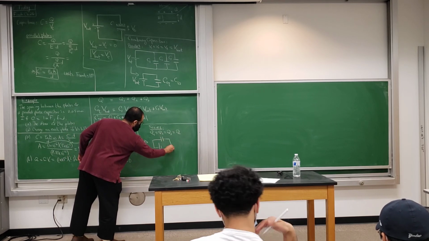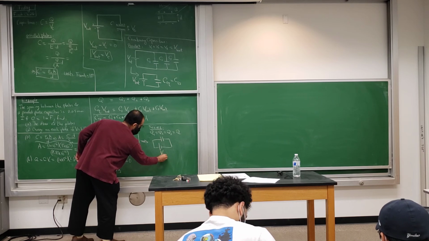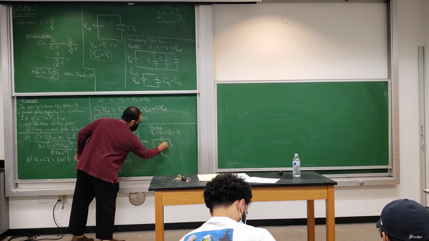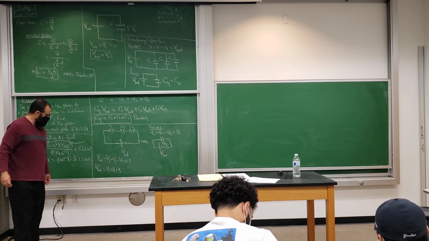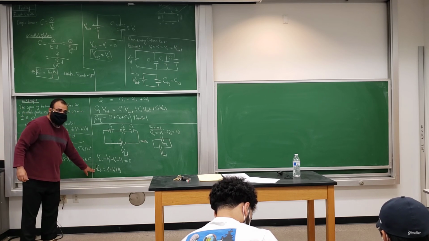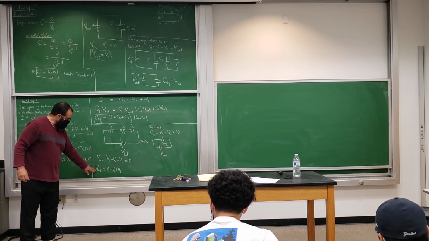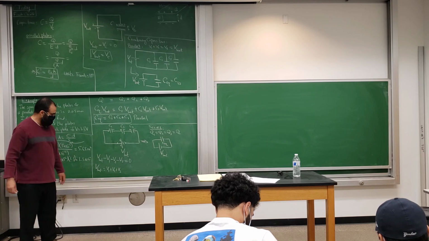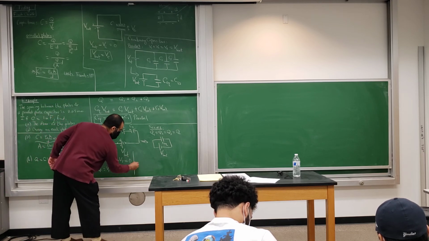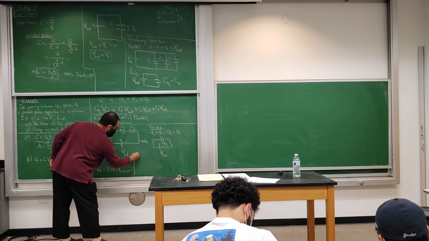I have just one capacitor, this is V battery, and this is C equivalent. That's the equivalent capacitance. What should it be? Well, let's see. What's the relationship between V and Q? V equals Q over C.